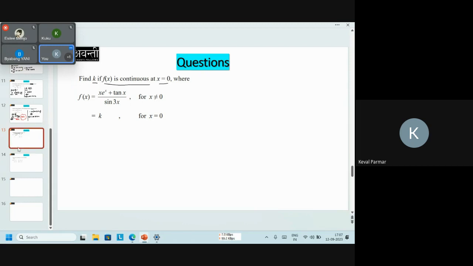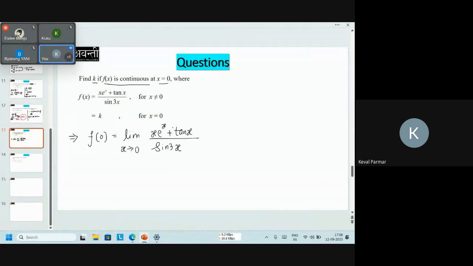So here continuous means the functional value at x equals 0 is equal to the limiting value at x equals 0. So x e raised to x plus tan x upon sine 3x.